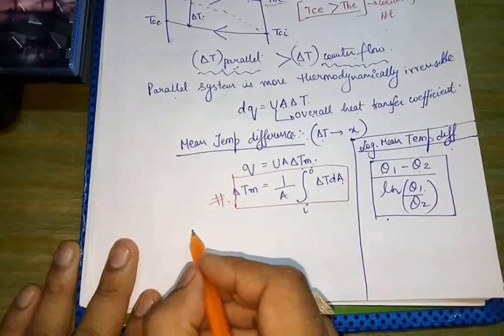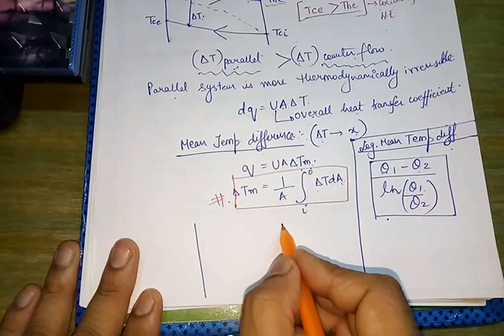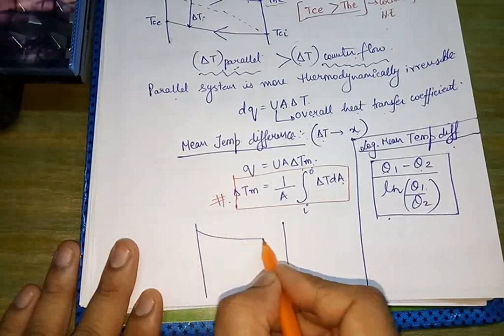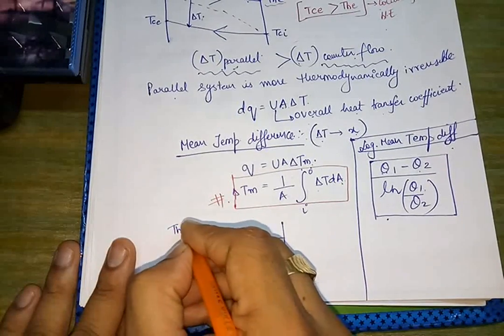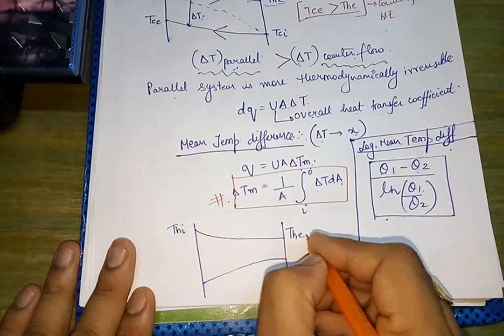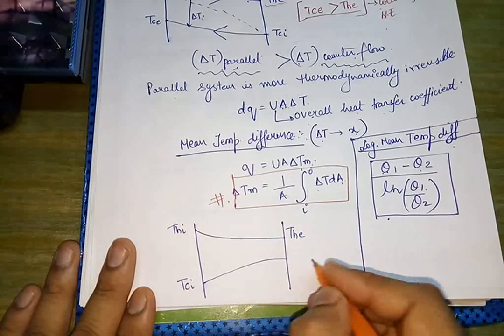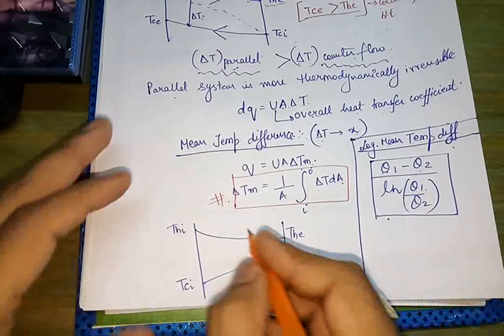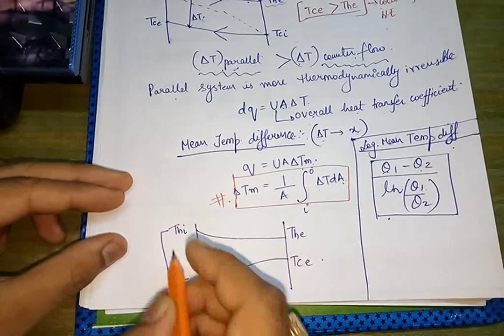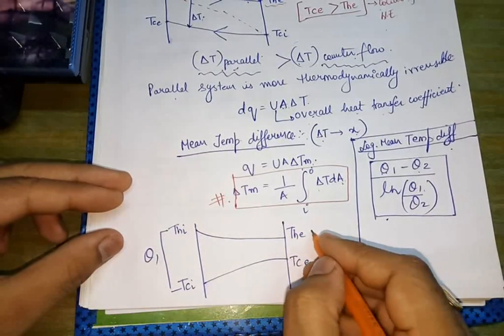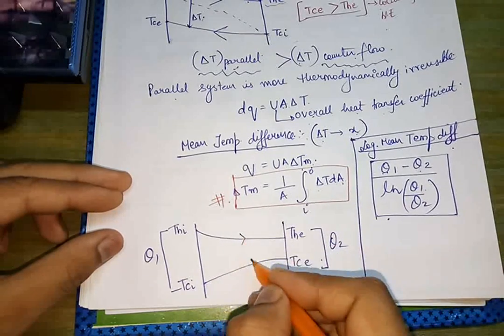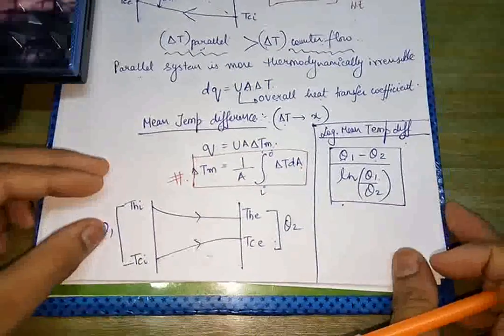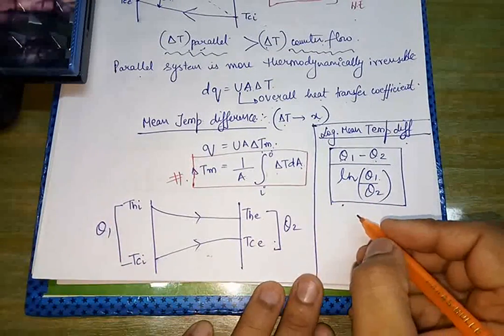Okay, now for example, if we have the temperature profile for the parallel flow, this is T hot inlet, T hot exit, T cold inlet, T cold exit. Okay, the difference between these two temperatures is θ1, the difference between these two temperatures is θ2, if this is the parallel flow heat exchanger system.